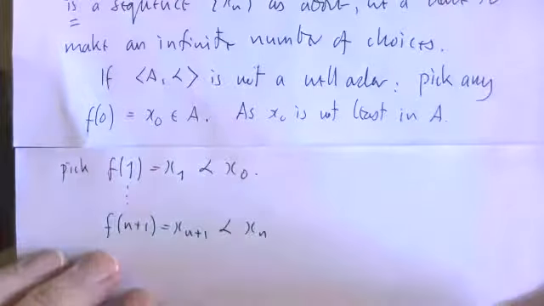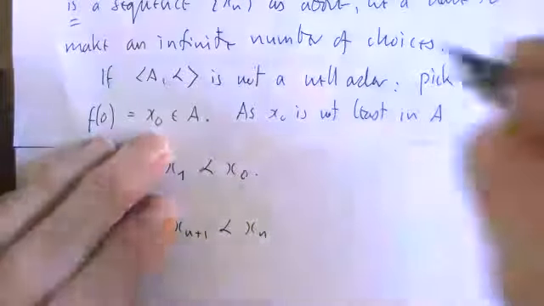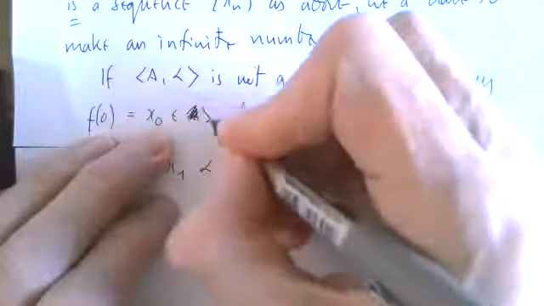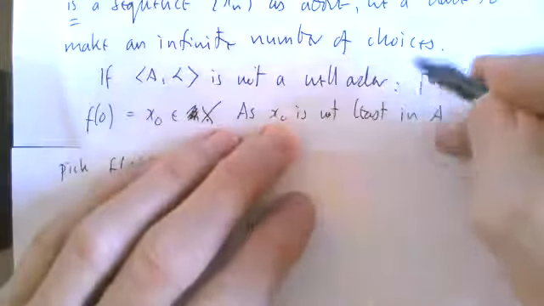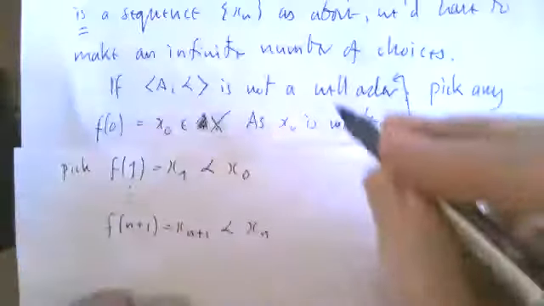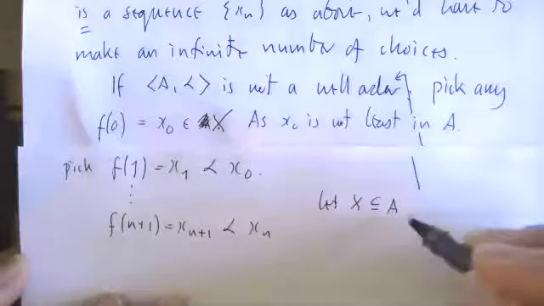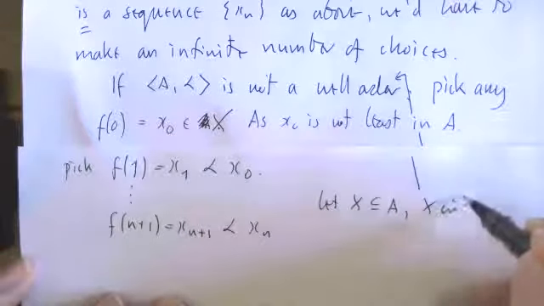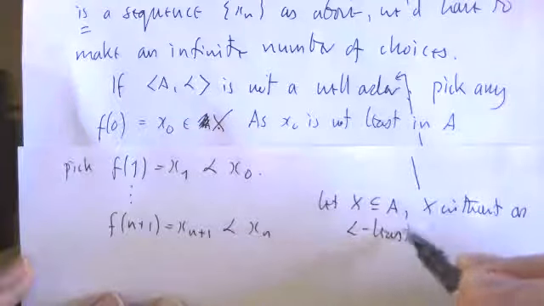I'd slightly jumped something here. If this is not a well order, let X be contained in A, X without any least element.